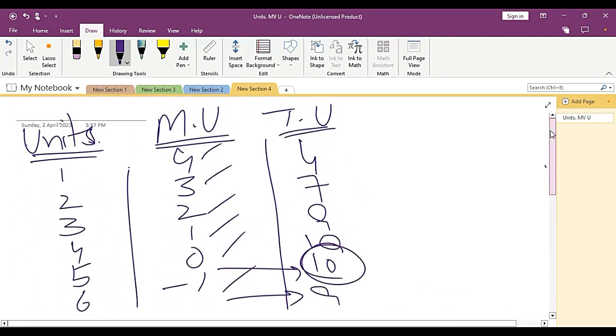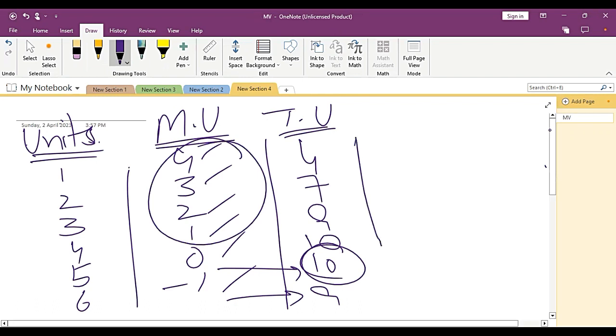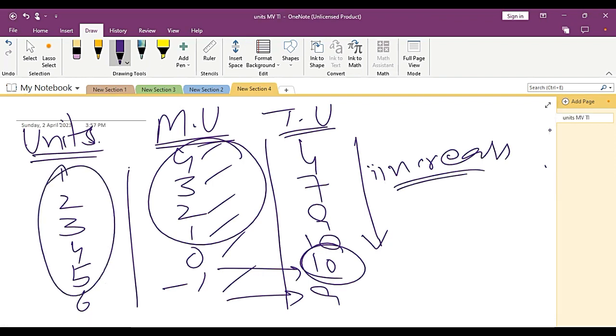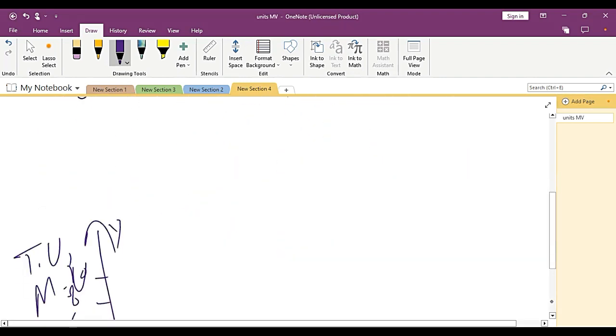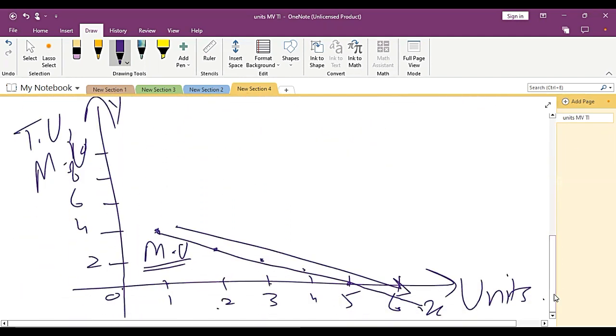Now plot the total utility. Total utility is increasing when marginal utility is positive. Indirectly we can say that subsequent units will add more total utility compared to marginal utility. Let's plot them: 4, 7, 9, 10, 10 and 9.